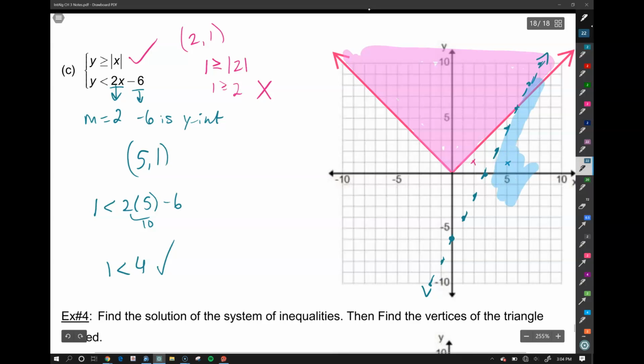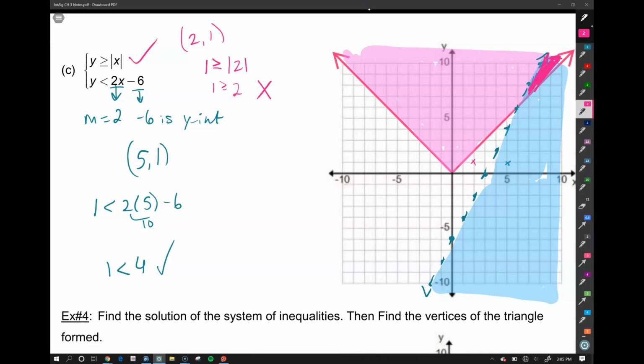You'll notice that there's just a very small sliver of a triangle where they're actually overlapping. So literally the solution for this one is this V shape right here. This portion that I'm filling in is the solution because that's the only place where they're overlapping. Imagine if we zoomed out on our graph and could see more of it, it would be a bigger overlap.